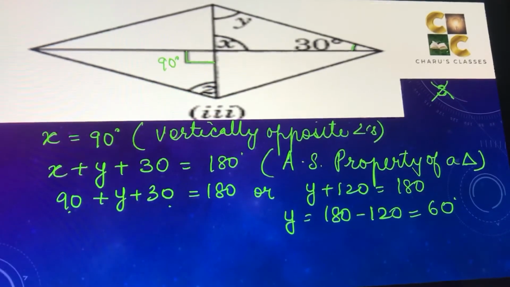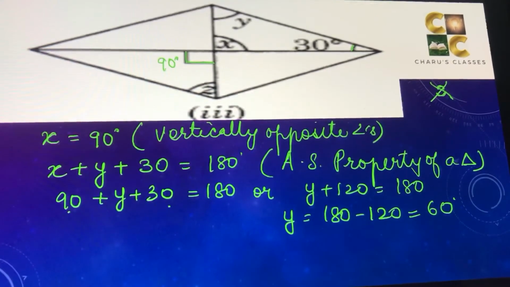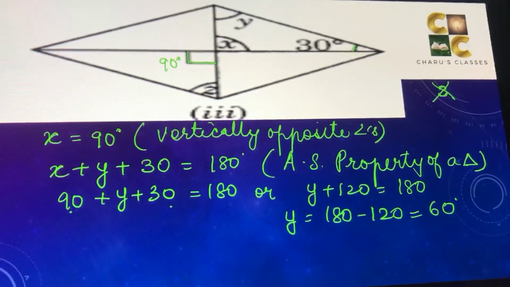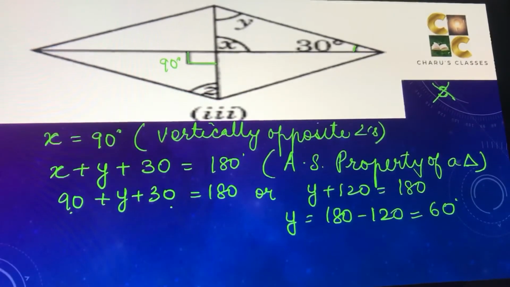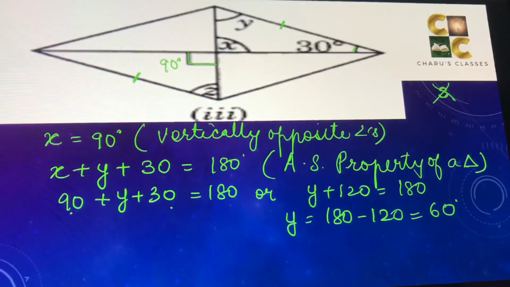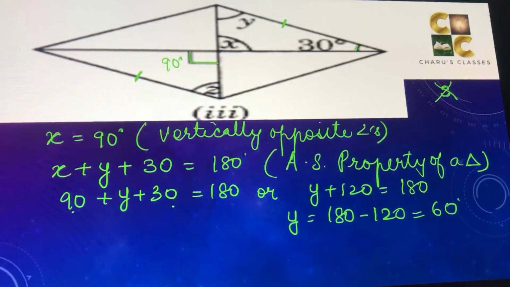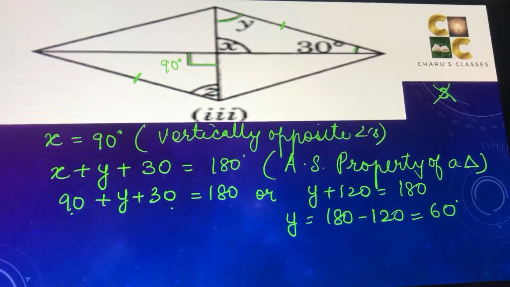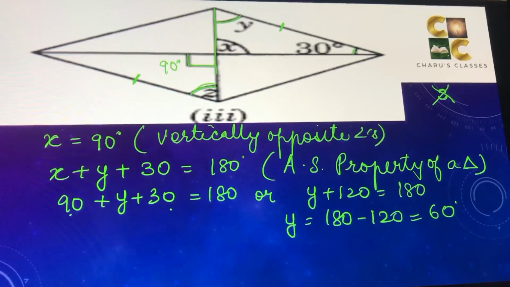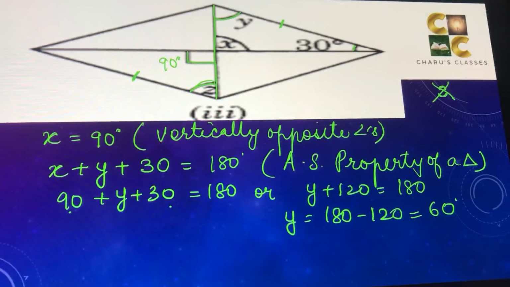y is 60 degrees. Now we have already got x, which is 90, y which is 60. Now we need to write about z. So if we see this particular side and this side, they are parallel to each other. So as they are parallel to each other, angle y and angle z, if this is the transversal, they are alternate interior angles.